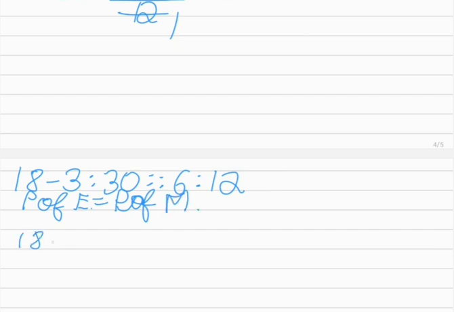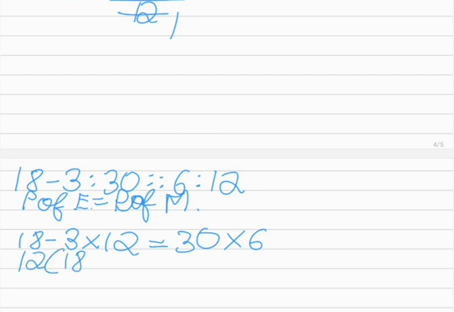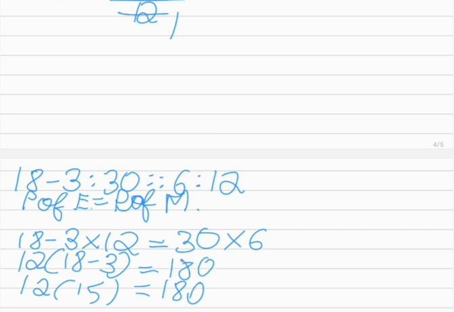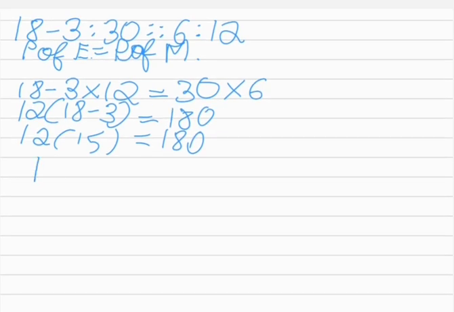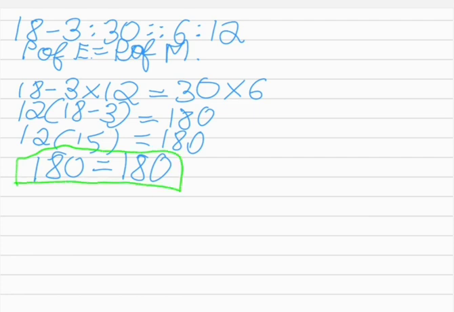So 18 minus 3 into 12 will equal 30 into 6. So 12 into 15 will equal 180. So 15 12s is 180 and 180 is equal to 180. So the value of x we got is correct.